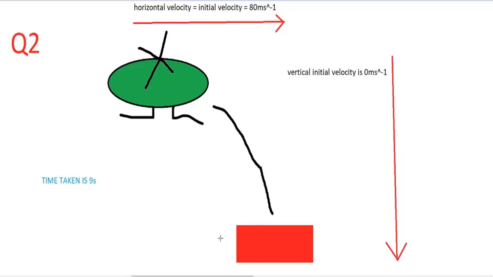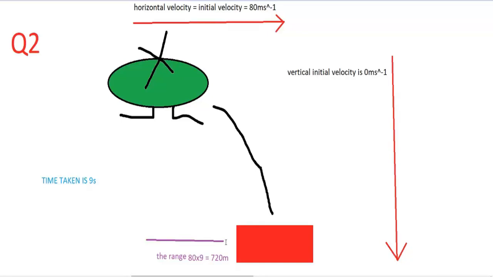The range is 80 times the time taken, 9. 80 times 9 is 720 meters.